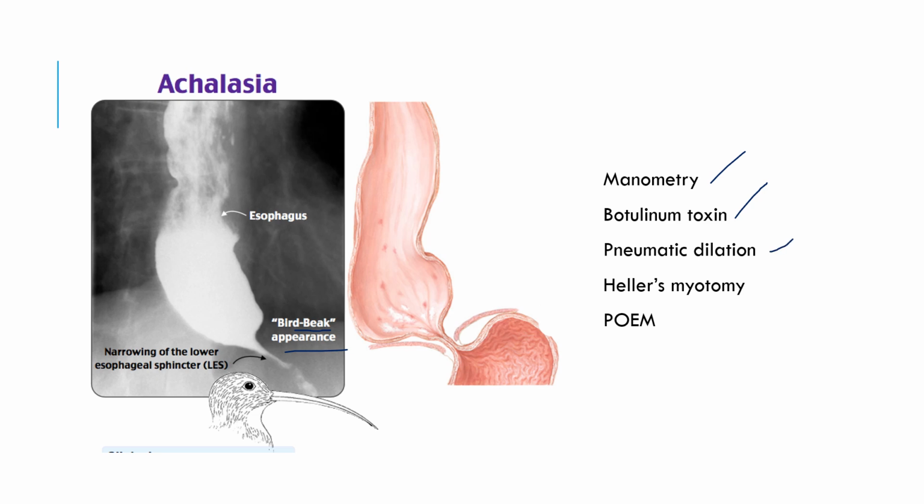You can attempt pneumatic dilatation, making sure that it will not perforate. For a very large dilated esophagus, you can't do a pneumatic dilatation. Heller's myotomy is the usual surgical procedure, or newer things like per-oral endoscopic myotomy, that is called POEM.